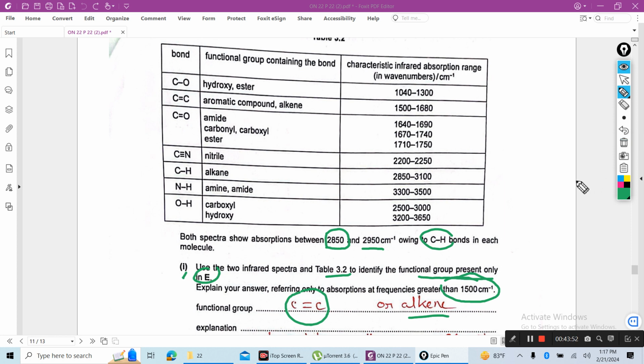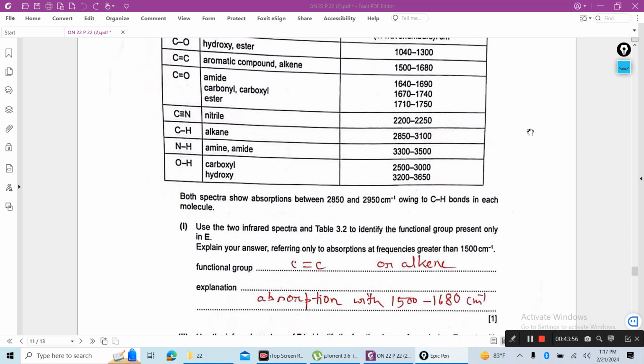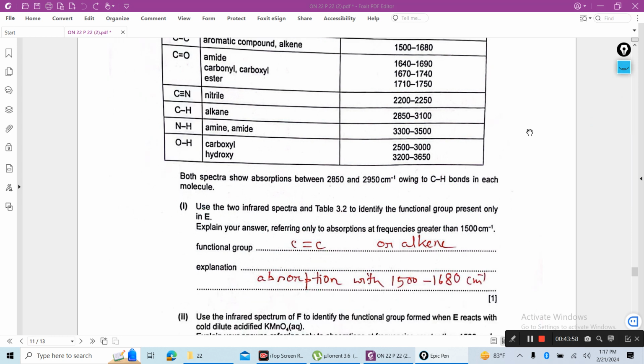Why do you see the carbon-carbon double bond? It shows a peak in this range, absorption within 1500 to 1680 per centimeter. So this is alkene.